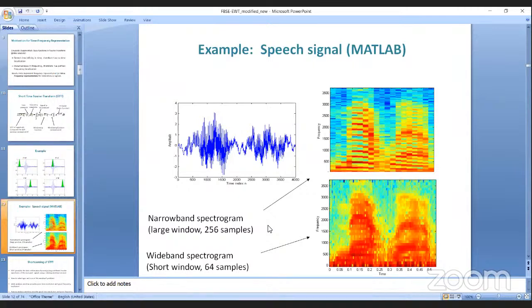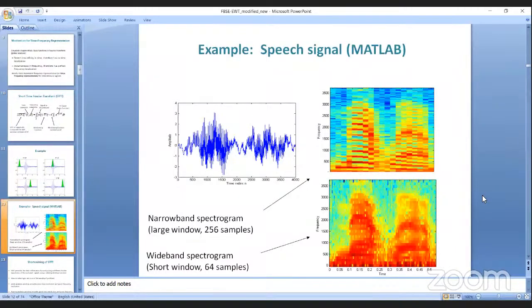Suppose you have a short window of 64 samples, then the resulting spectrogram will be a wideband spectrogram. Here you can see the upper spectrogram is an example of a narrowband spectrogram, and the bottom spectrogram is an example of a wideband spectrogram.